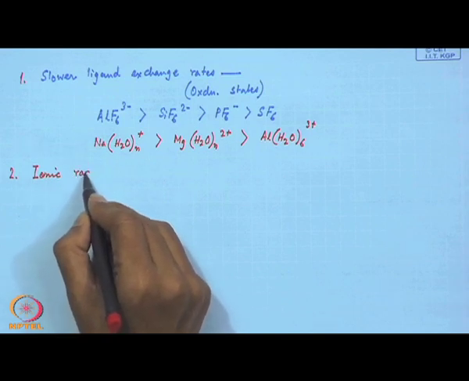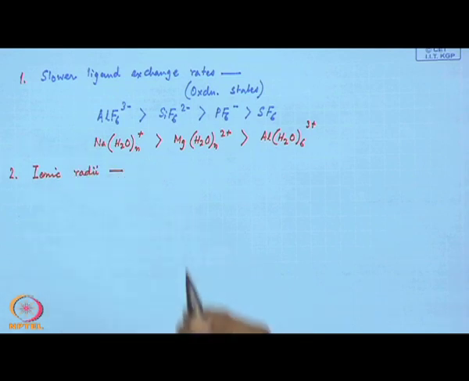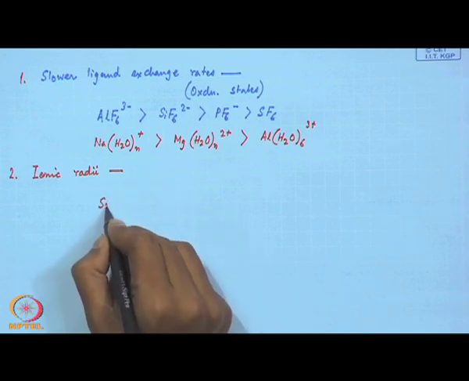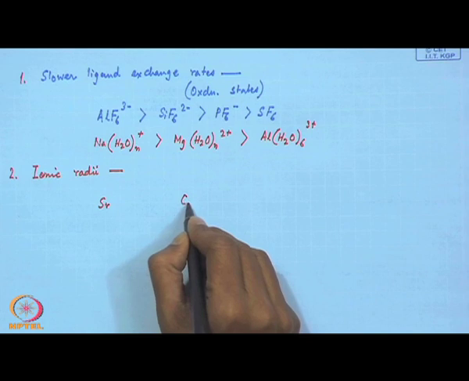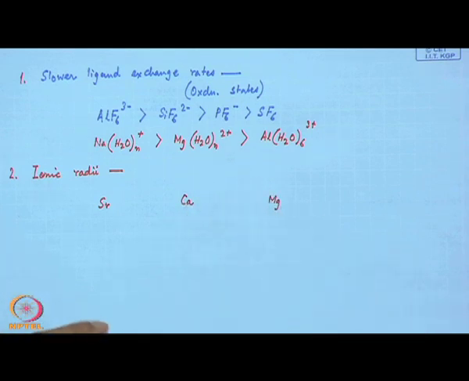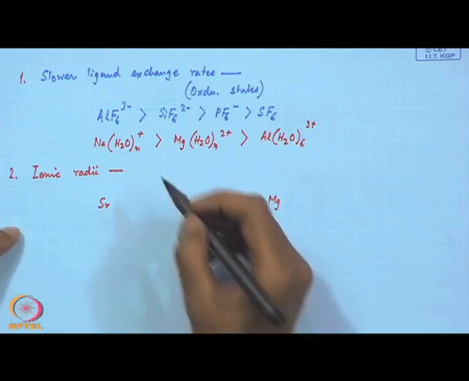So, we can have the ionic radii for strontium, for calcium, and for magnesium, and all these have some particular order.